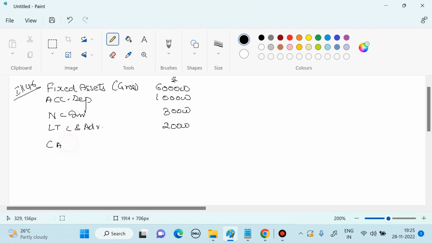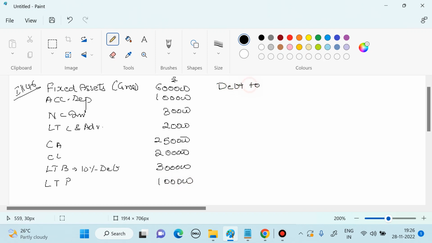Then they've given current assets of 2,50,000, current liabilities of 2 lakh, long-term borrowing which represents 10% debentures 3 lakhs, and long-term provisions of 1 lakh. Now here we have to calculate debt to equity ratio, which is debt divided by equity.